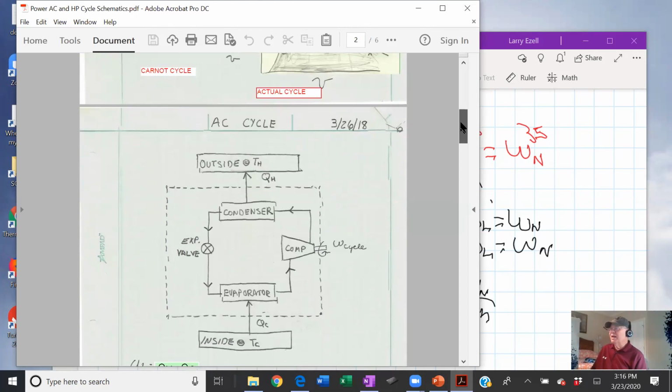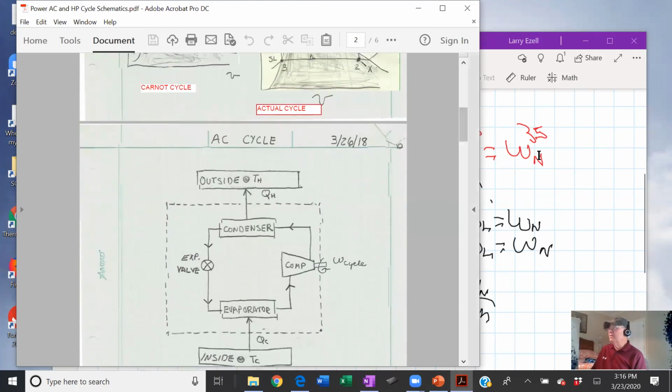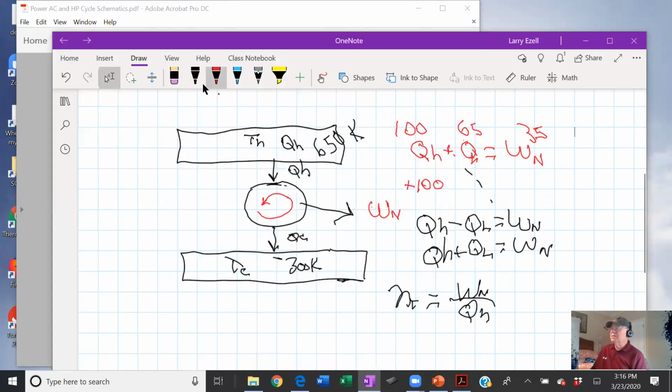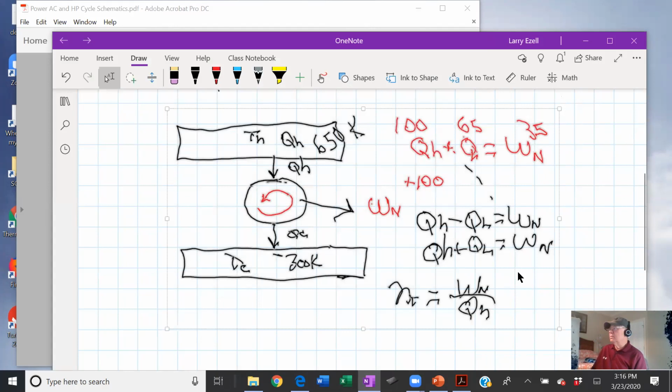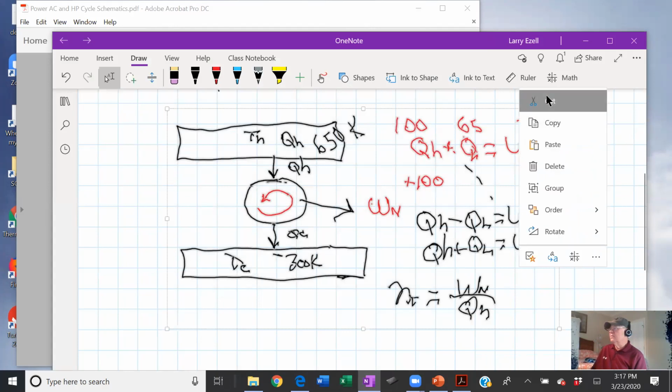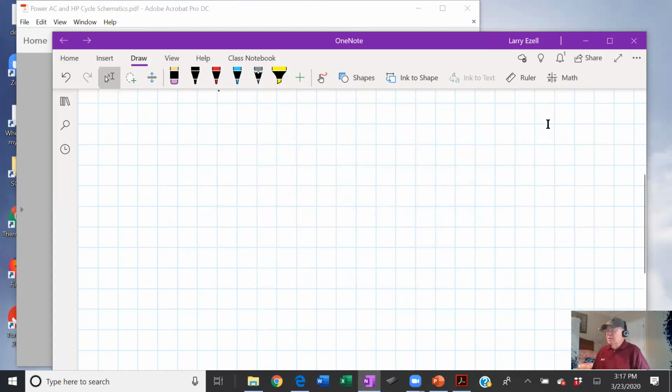Okay, well, let's look at the air conditioning cycle. Again, the way he draws it, let me erase it. See if my cursor works. The way he draws it, I got to select a pen.